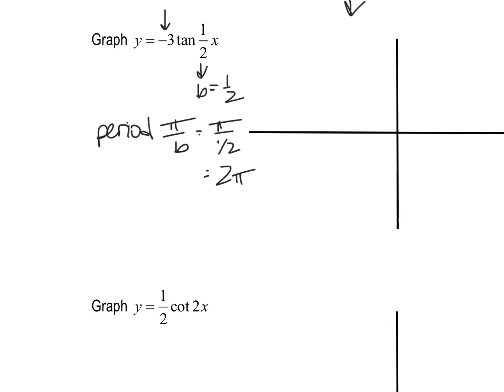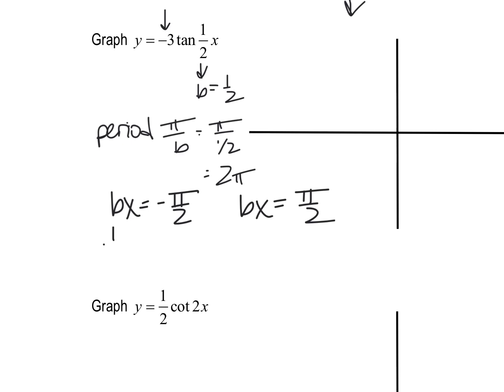For tangent, I'm doing bx equals negative pi over 2 and bx equals positive pi over 2. This is just like the formula that you start with, and that's, remember, because the tangent is undefined at negative pi over 2 and pi over 2. For cotangent, it's different. You have those written in your notes above. But remember, the b is 1/2, so I'm going to put a 1/2 here and here.